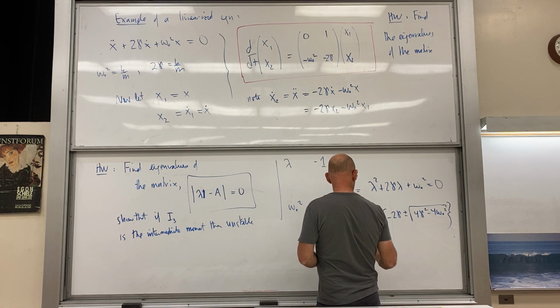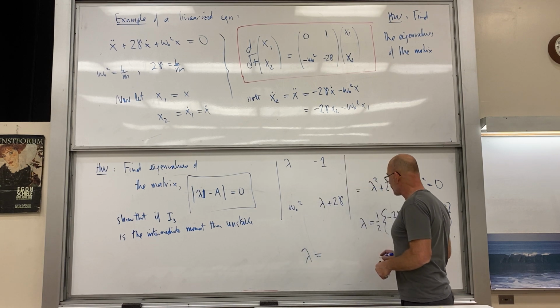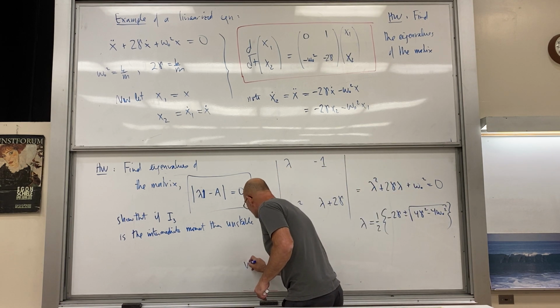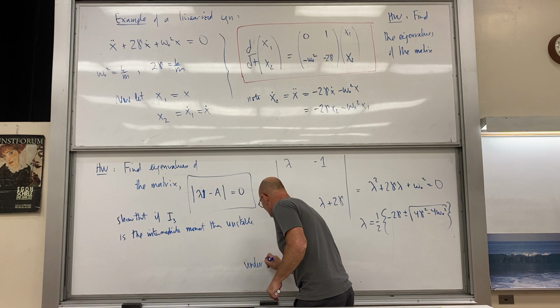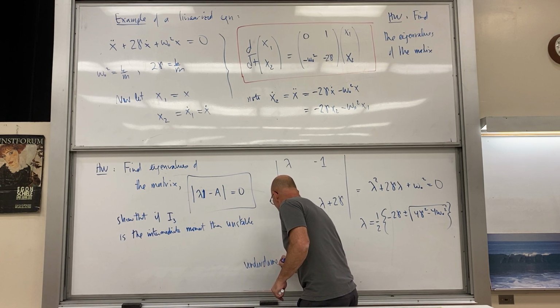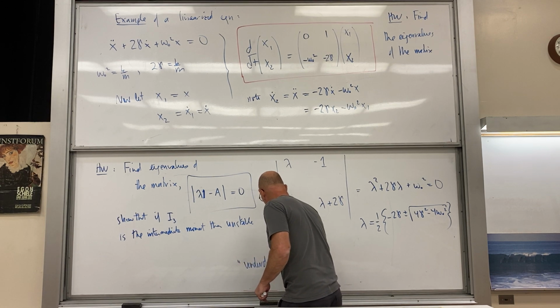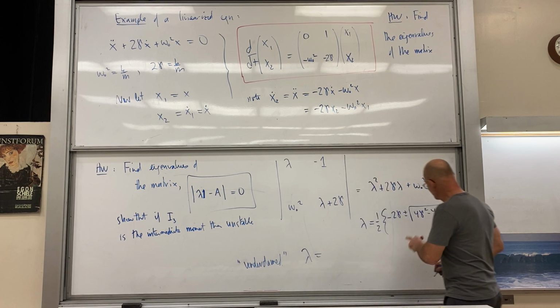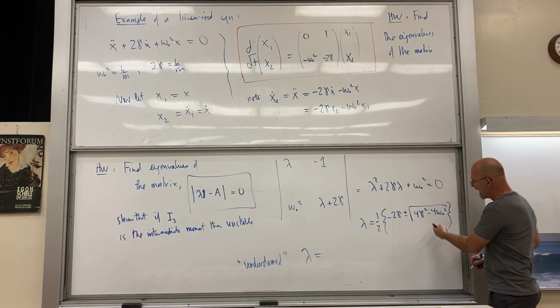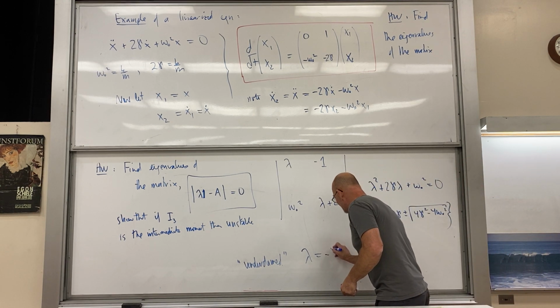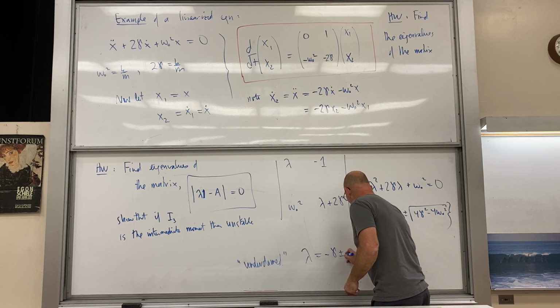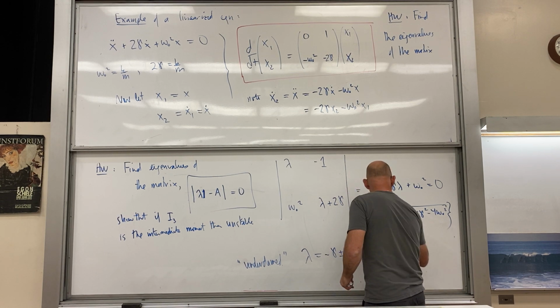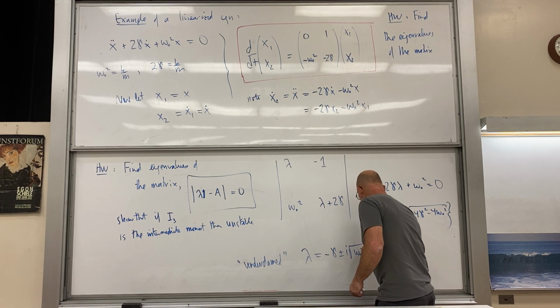Underdamped, of course. So the so-called underdamped case means that we can flip these and pull out i, so we have minus gamma plus or minus i root omega naught squared minus gamma squared.